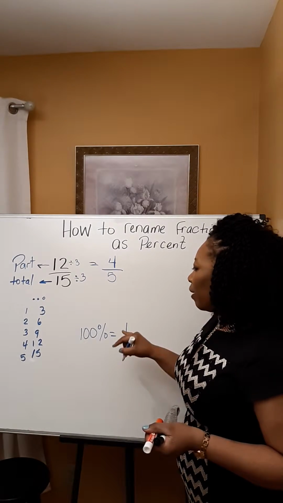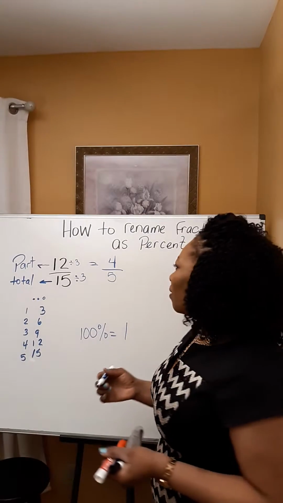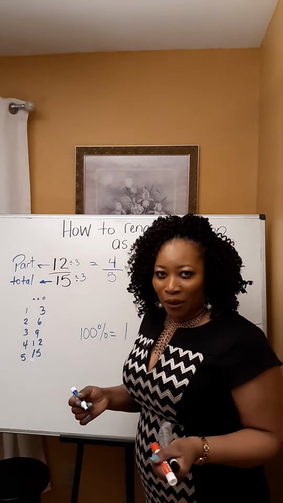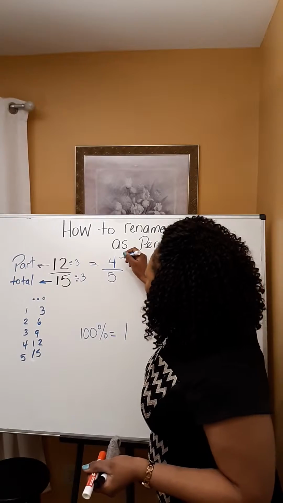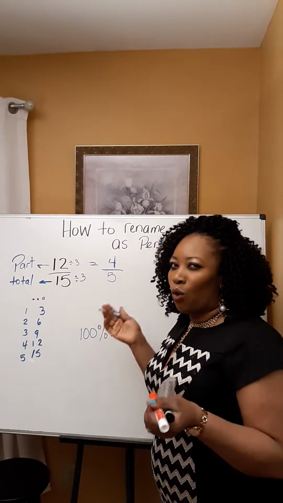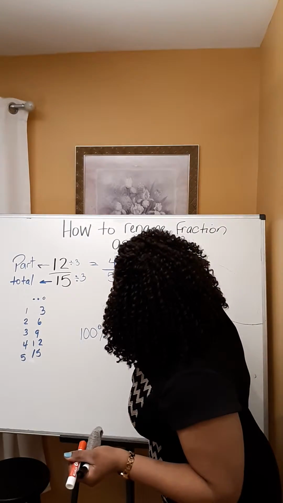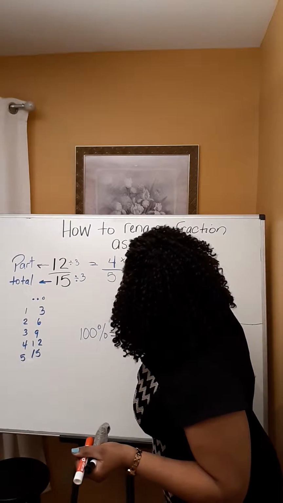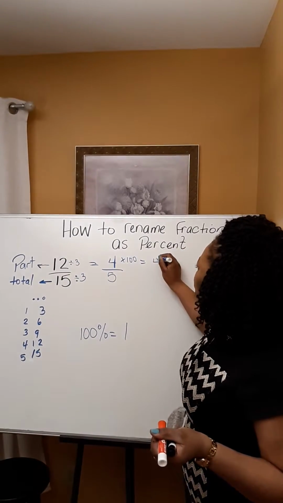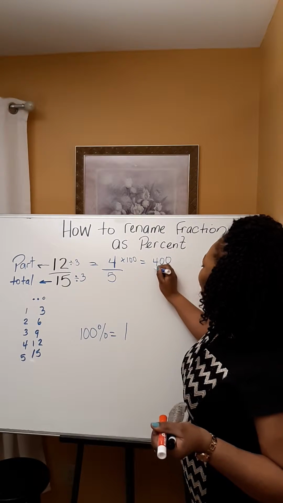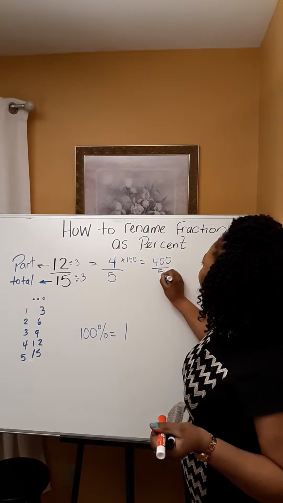So what I'm going to do right now, I'm going to apply the identity property by multiplying 4 times 1. But instead of 1, I'm going to use 100. I hope you got that. So times 100, which is going to give me 400. And then now I have 400 over 5.